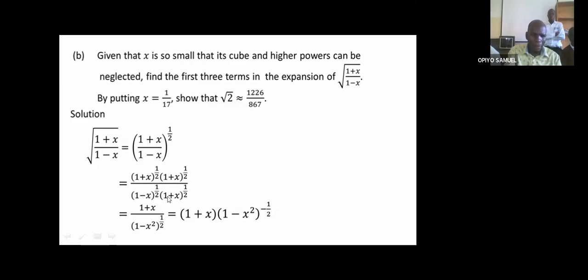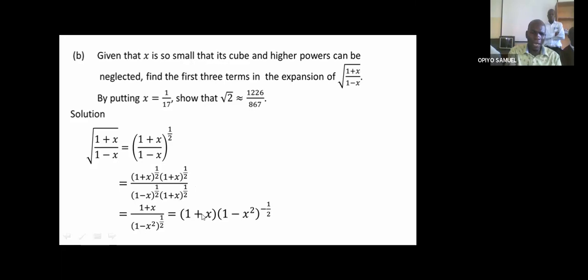Meanwhile, this becomes difference, almost difference of 2 squares, which will give us (1 minus x squared) to power half. And when we use the laws of indices again, we take the lower bracket up and the power changes to negative. And that's how the negative a half has come.